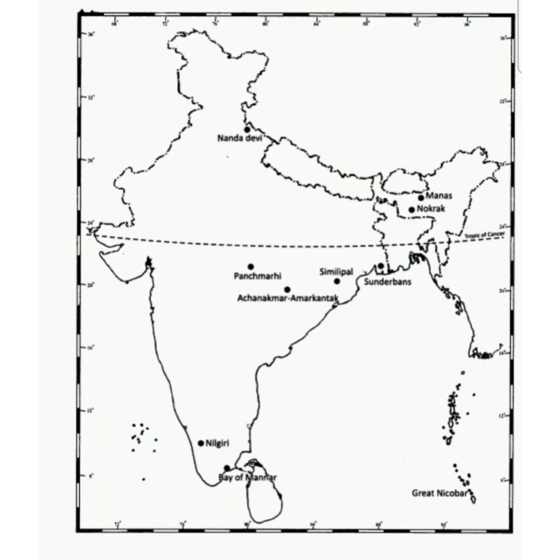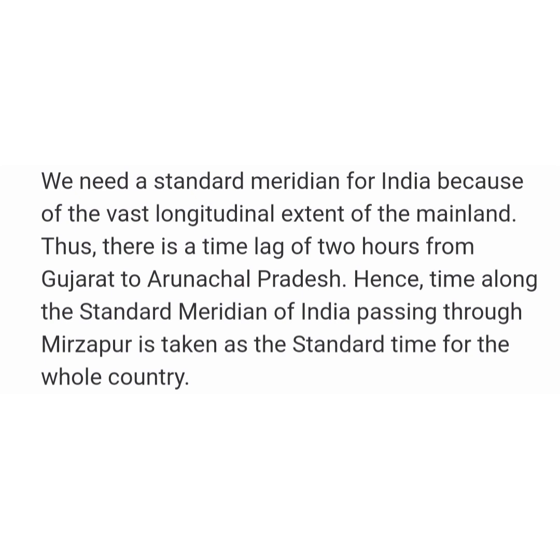Now the question comes: why do we have standard time? The local times of places on different meridians are bound to differ. For example, it would be very difficult to prepare a timetable for trains which cross several longitudes.